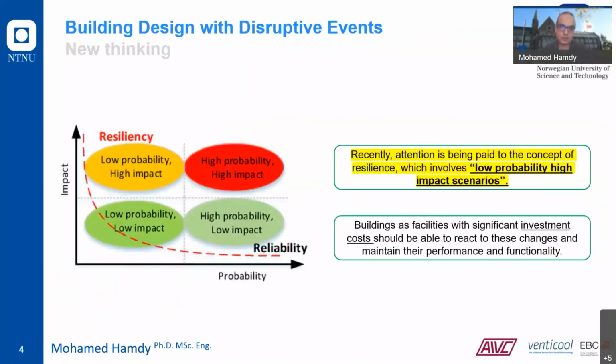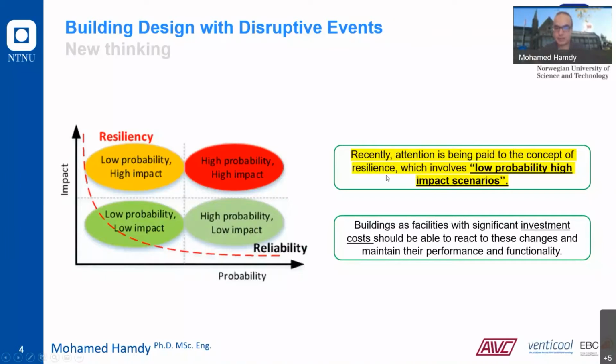Now if we're talking about the concept of resilience, we see here probability versus impact on a y-axis. Usually we make assessment for high probability and low impact. This is what standards mainly focus on. But now we're talking about low probability events that come to the building and could have a very high impact.